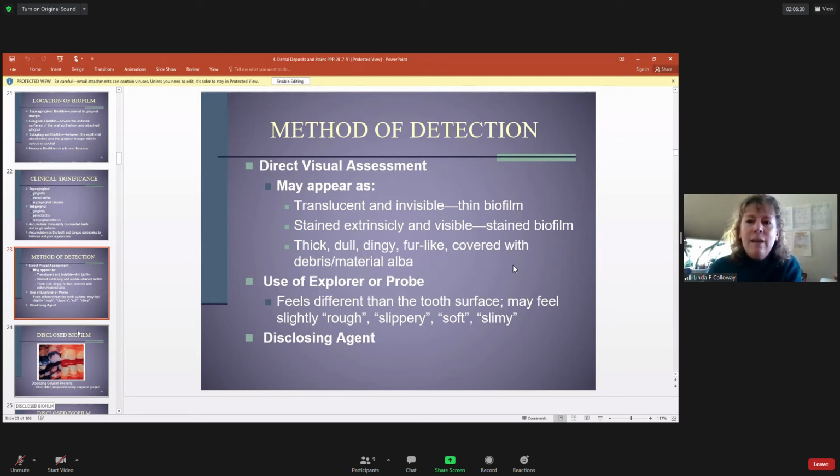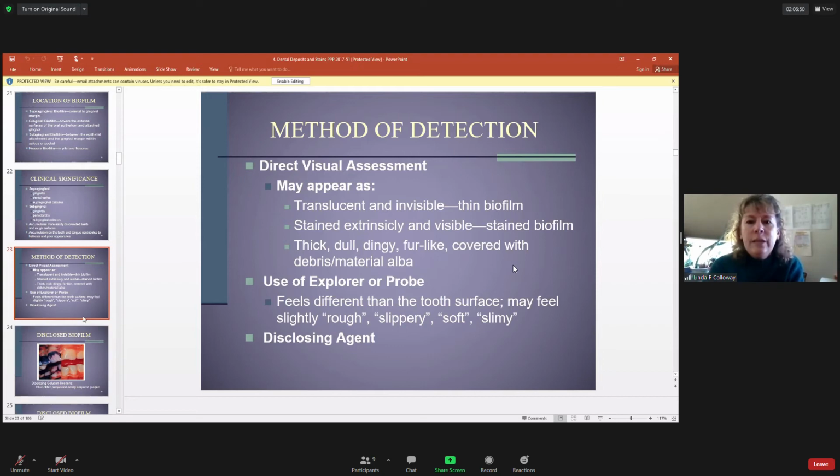Unless they have a broad brown staining from whatever, usually our heavy smokers, cigar smokers, pipe smokers back in the day, they would have the heavy stain and they could see their biofilm because it was thick stained.